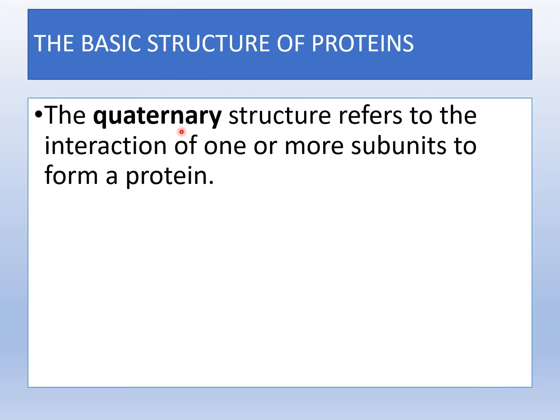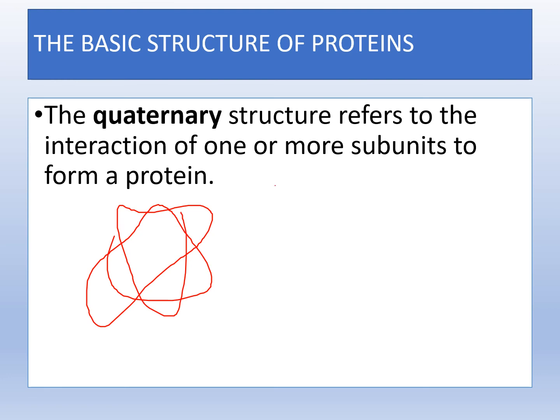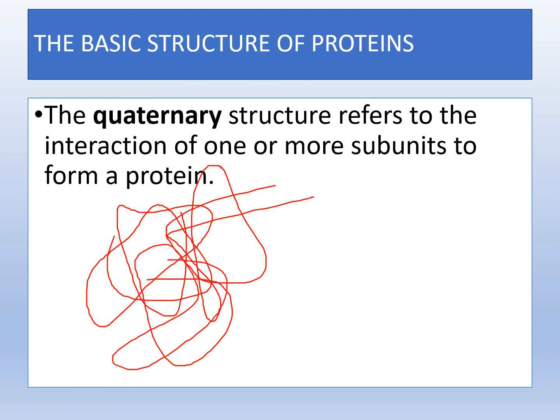Lastly, we have the quaternary structure, which refers to the interaction of one or more subunits to form a protein. So basically, you have a folded protein here, and another folded protein here, and another folded protein here to form your quaternary structure.